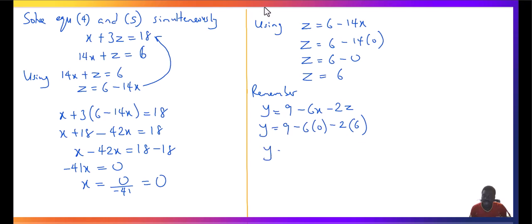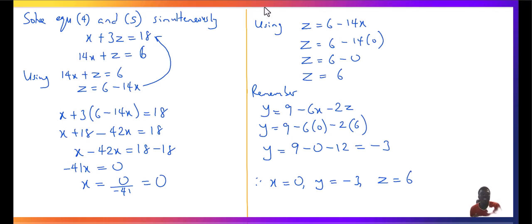So my y is equals to 9 minus 0 minus 12. And that will be equals to negative 3. So therefore, my x is equals to 0, my y is equals to negative 3, and my z is equals to 6.